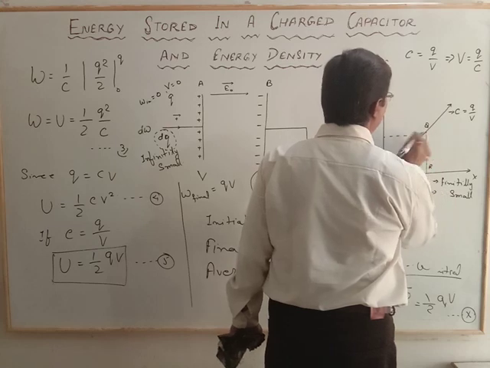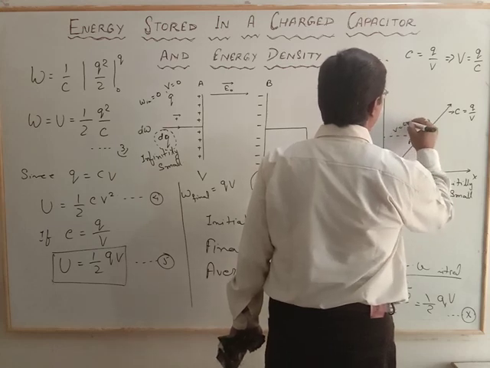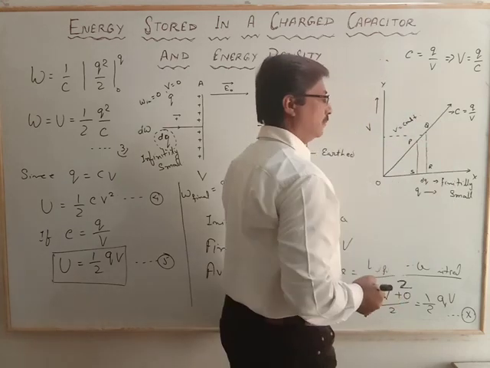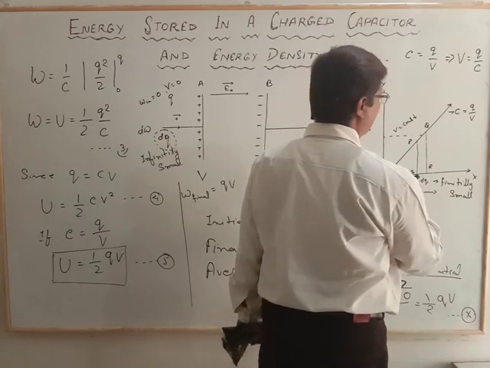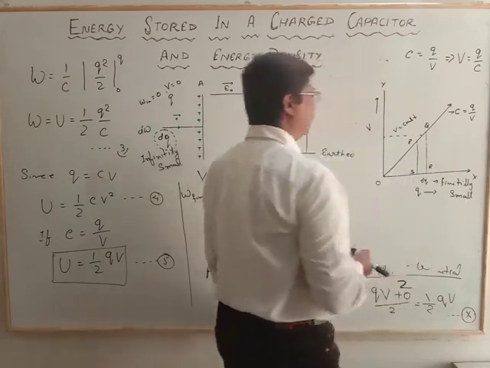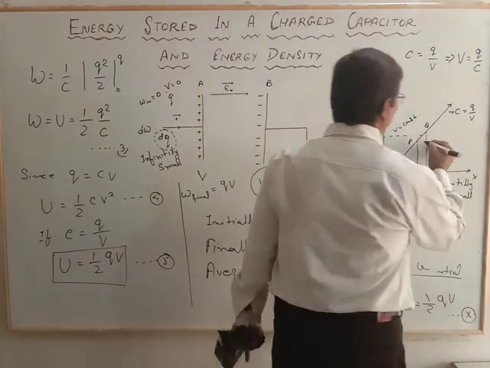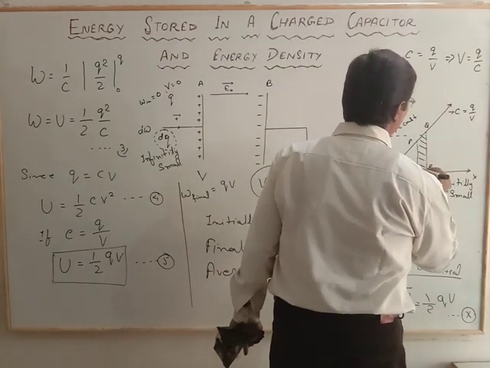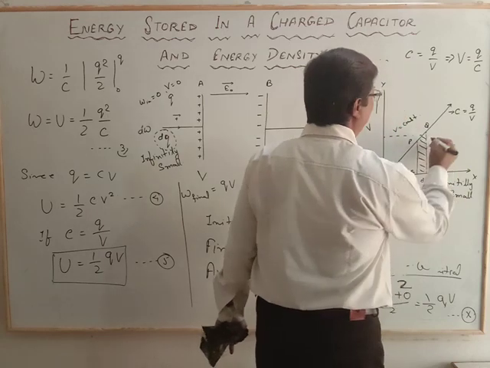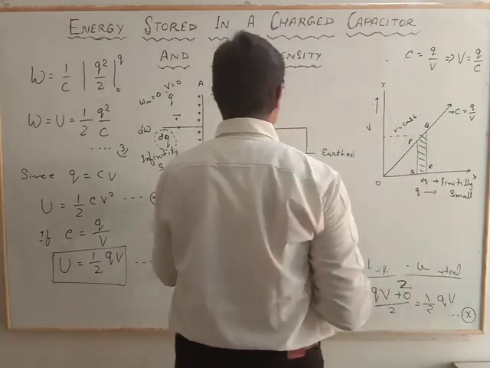Here the potential is constant, V is equal to constant. So if we see the relation here also, we have the work, and that work is equal to Q into V. Here the graph represents the work, the area of this graph represents the work.